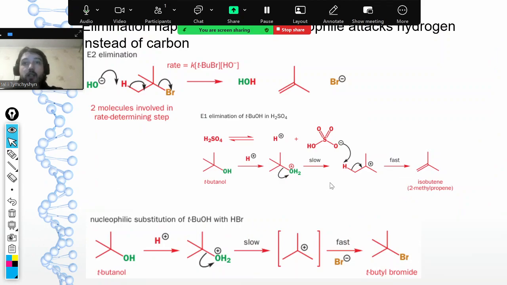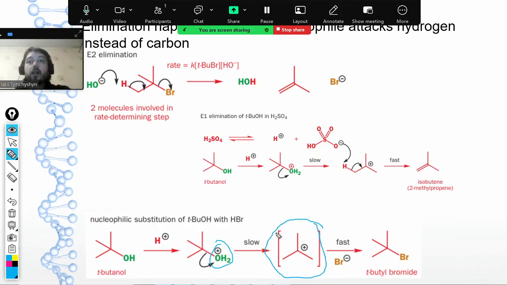What's interesting here, you might notice that this reaction is pretty similar to the mechanism of the nucleophilic substitution. In similar conditions, we had the same protonation and leaving of the leaving group that leads to a carbocation intermediate.